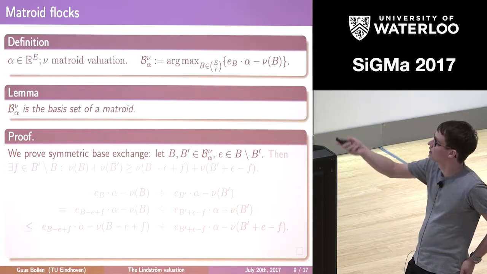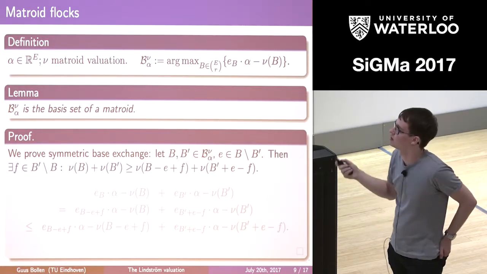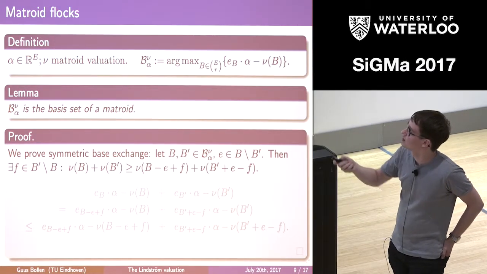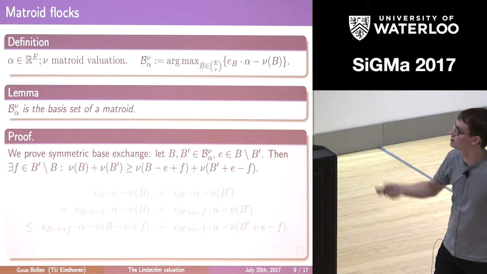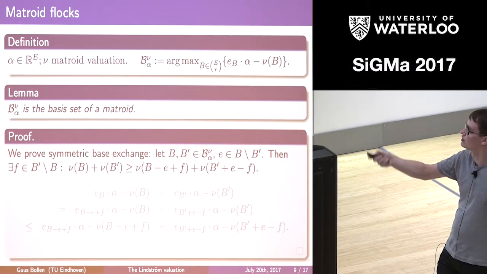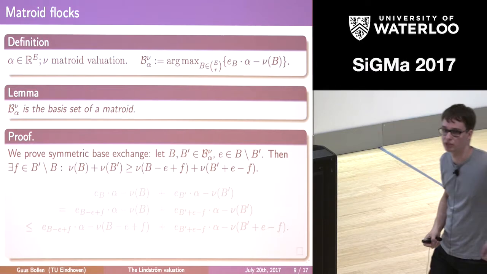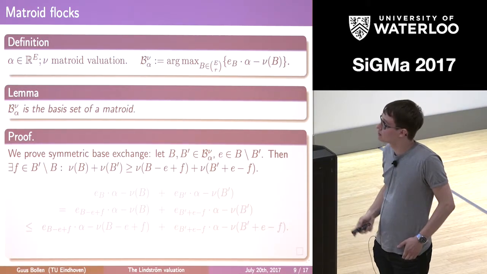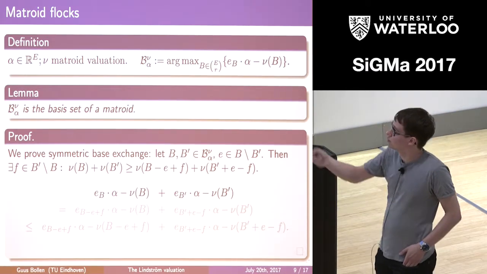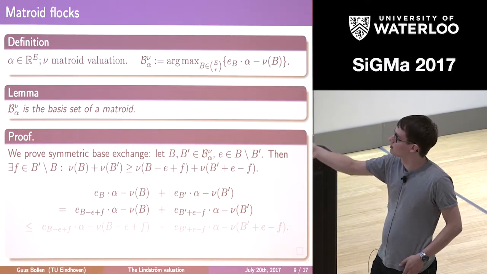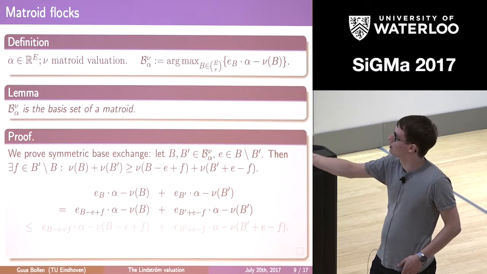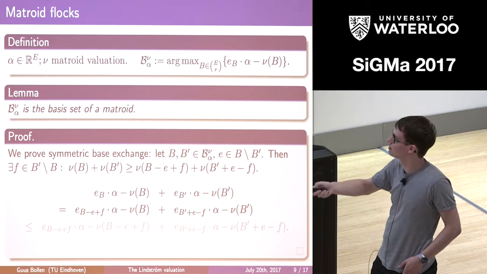So if we have two bases, E in one but not in the other, then since nu is a valuation, there exists such an F satisfying this submodularity. And then we just rewrite. So we move a term alpha E from left to right and a term alpha F from right to left.